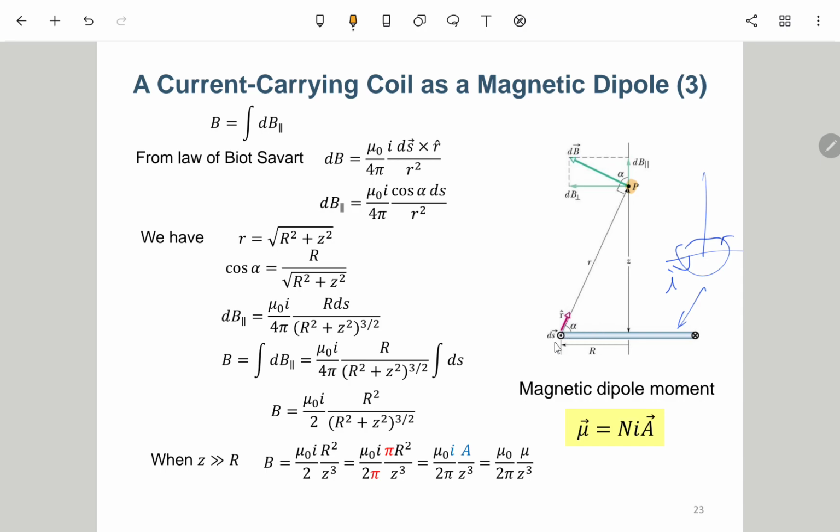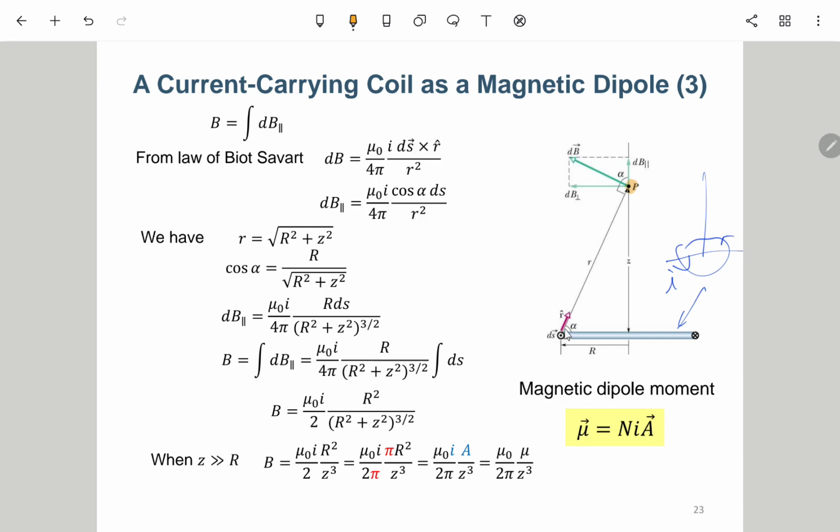So for instance, this ds will generate B field at point P. We can use the Biot-Savart law to find the expression of dB, which is dB equals mu naught over 4 pi, I times ds cross r hat.